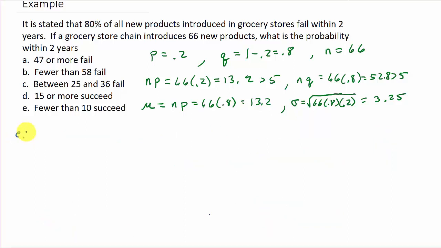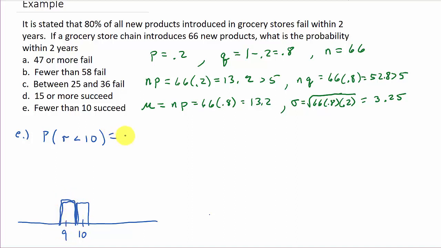Alright, so the last one, part E, we need the probability fewer than 10, so that is R less than 10. Now, remember what I said, let's change this to less than or equal to. We've got the 10 here, but we want less than that, so that's actually going to take us down to the 9.